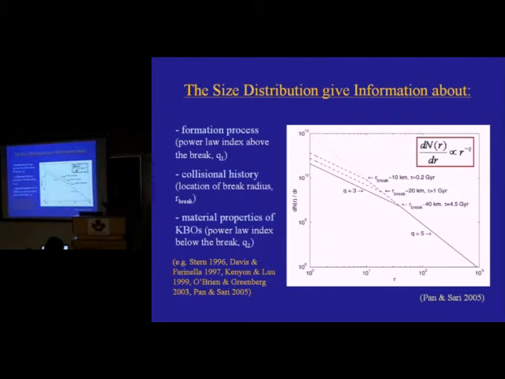From observations, we directly detect objects in this regime roughly down to, say, 10 or 20 kilometers in radius. The break might be weakly constrained by observations right now, but to learn anything about the slope below the break, you'd need to detect Kuiper belt objects indirectly.